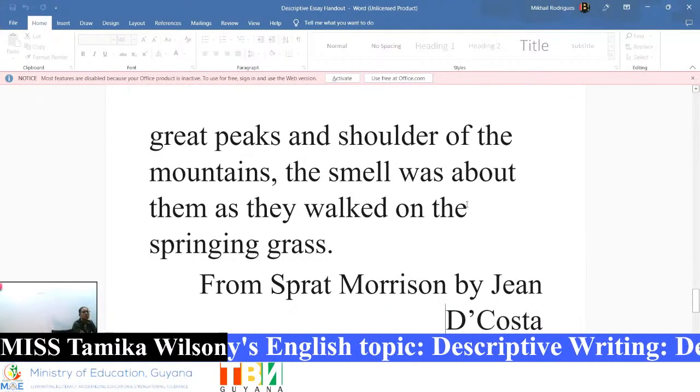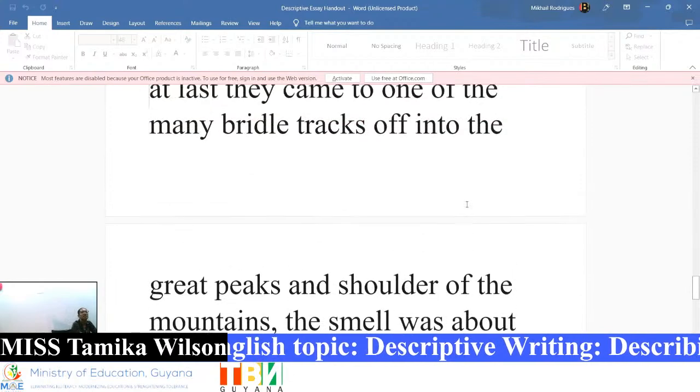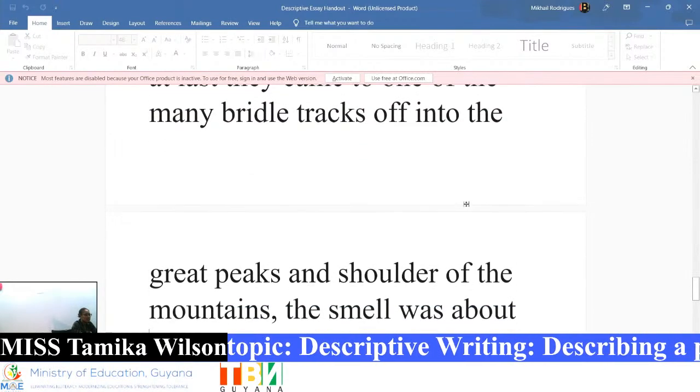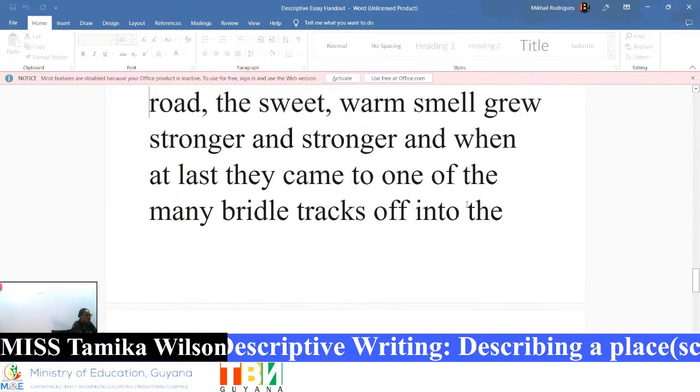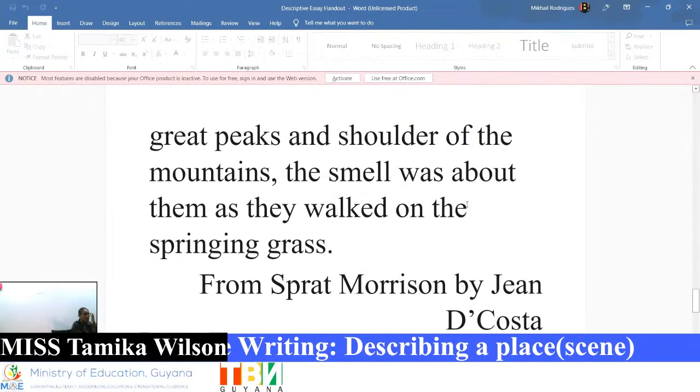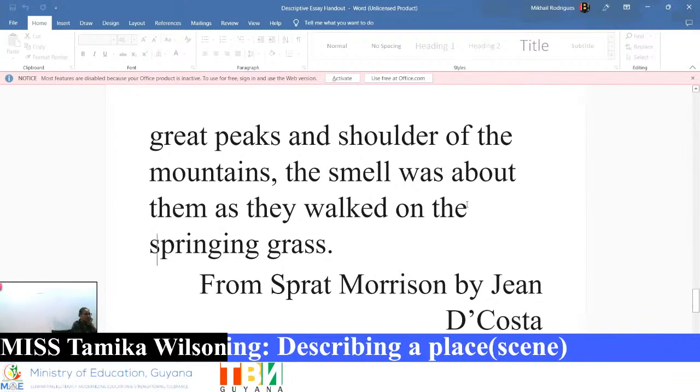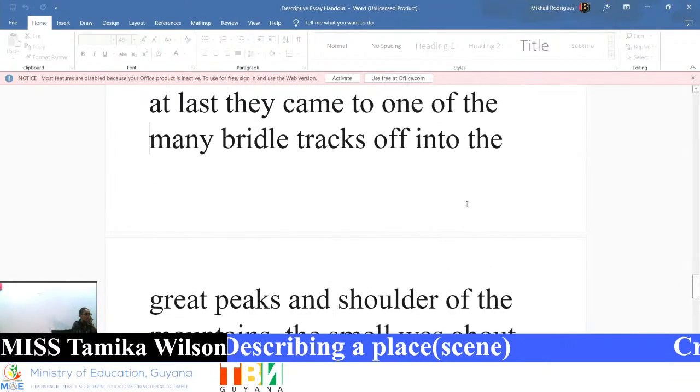So through the use of senses, we have the sense of smell. We are able to sort of move into the story to be able to understand how to describe this place.